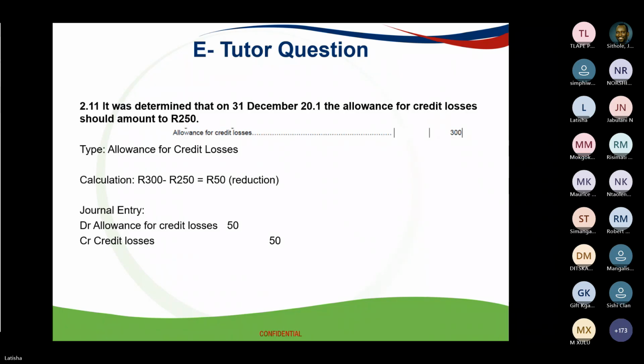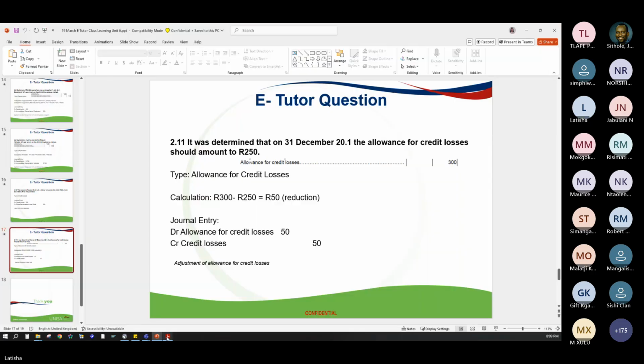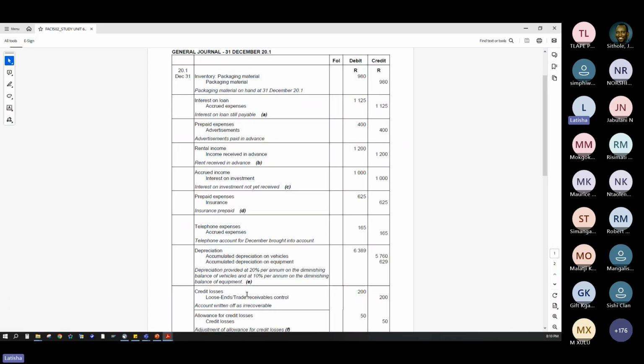Hello, can you hear me? Yes, I can. I can see that we are recording the journal entries, but I don't understand if we see the general journal or the general ledger, because I can see that it's a double entry system. Let me just go back to the question.